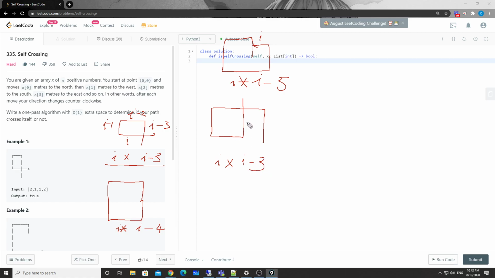This is I minus 1, I minus 2, I minus 3, and this is I minus 4. As you can see, as long as the last I is crossing with I minus 3, it can all be categorized into this scenario.